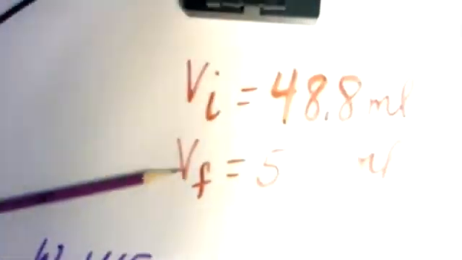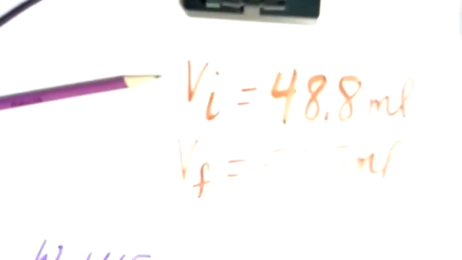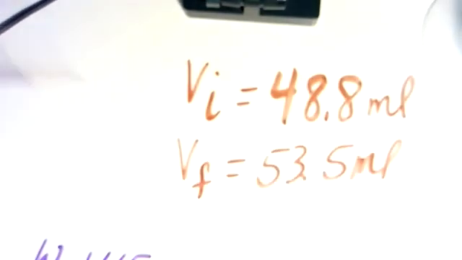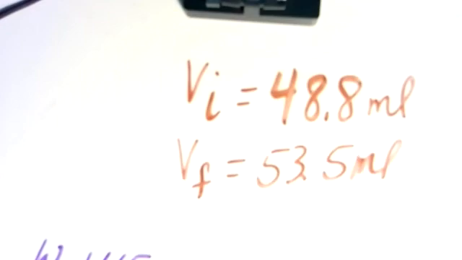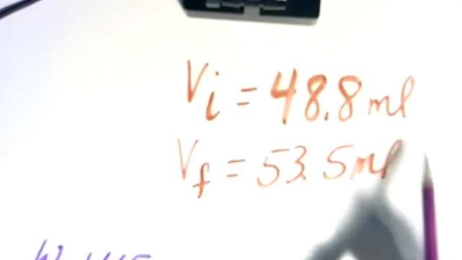Okay. So those are our measurements to determine the volume of the die. So now what you need to do is understand what the displacement is and how you determine the volume of that die by using these two numbers.